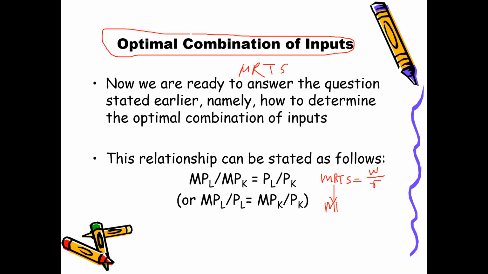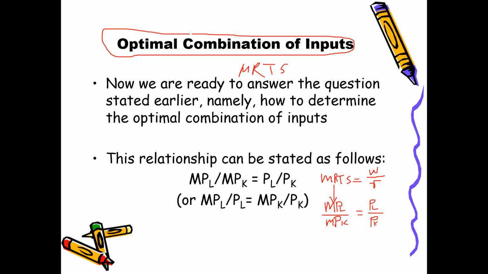MPL divided by MPK equals W, the price of labor, over R, the price of capital.